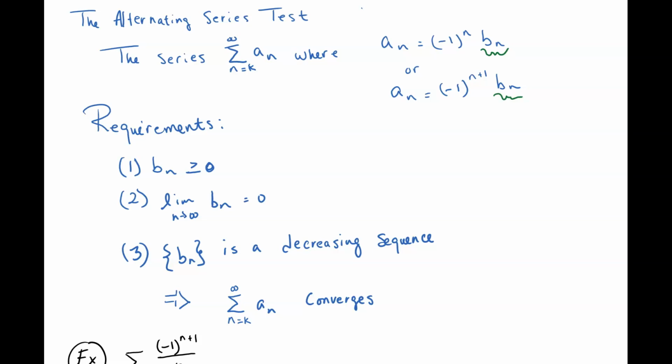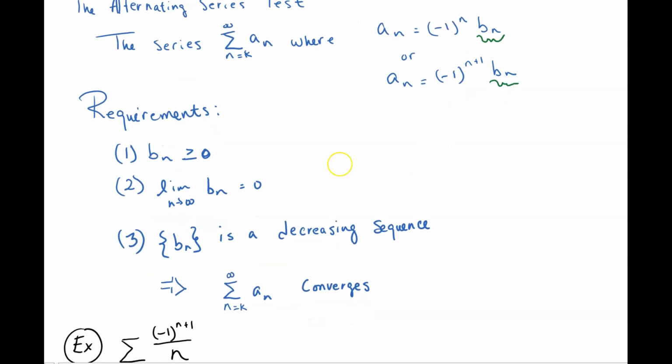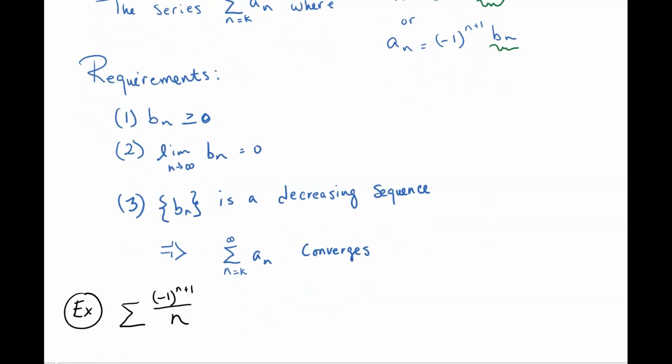This does not mean that the sum of the series is 0, but that just this component-wise portion, b sub n, goes to 0. And lastly, b sub n should be a decreasing sequence, getting smaller as n gets larger and larger. If these three conditions are met, we can say that the alternating series a sub n converges.